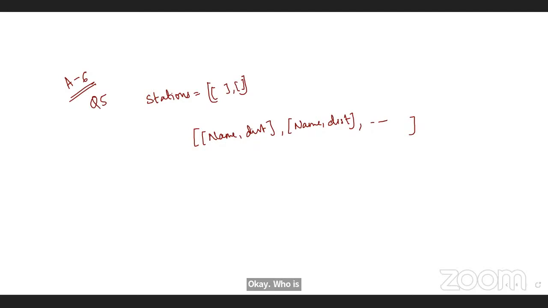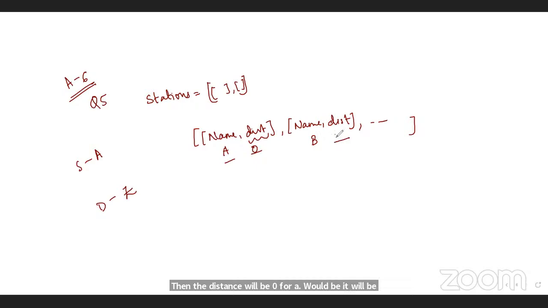Here's the name of the station. So if I visit station A and B, this distance is going to store the distance of what? From the starting station, or only between consecutive stations? From the first station in the list. If the train has its source as station A and destination as station Z, then the distance will be 0 for A. For B, it will be something in between.